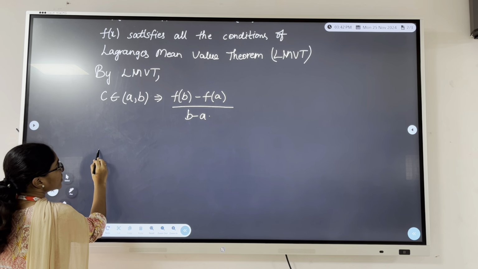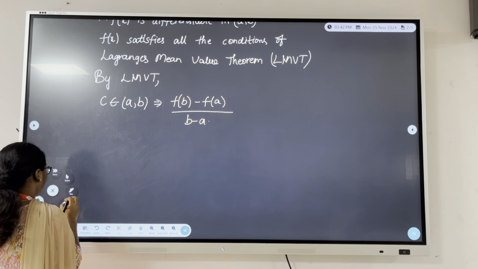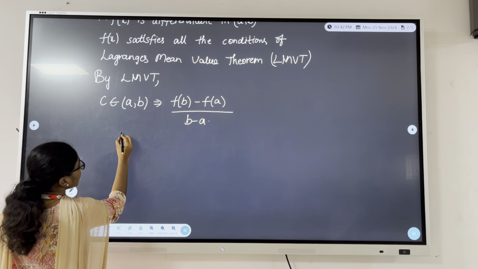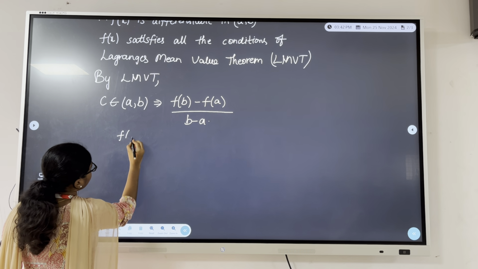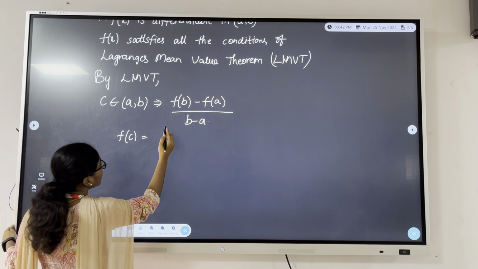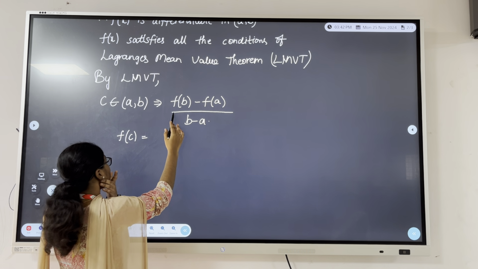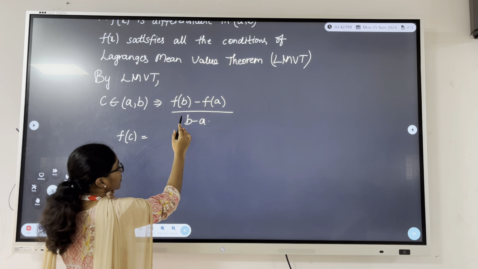Now let us solve this. f dash of c equals, in the question, the function is tan inverse of x.